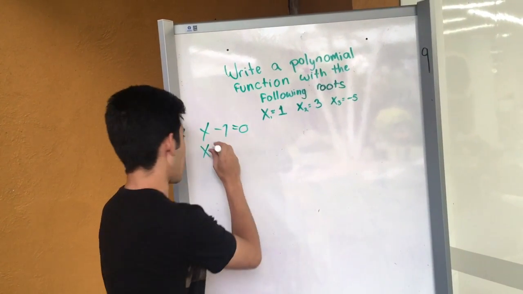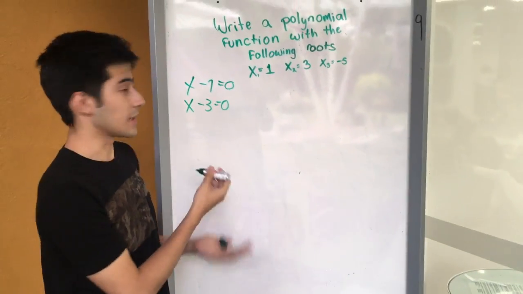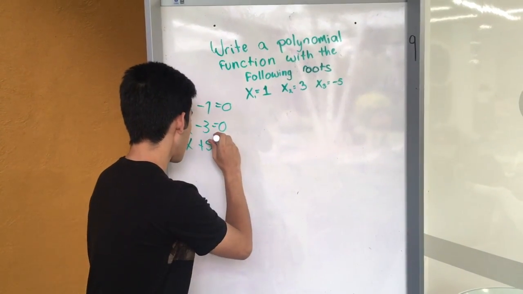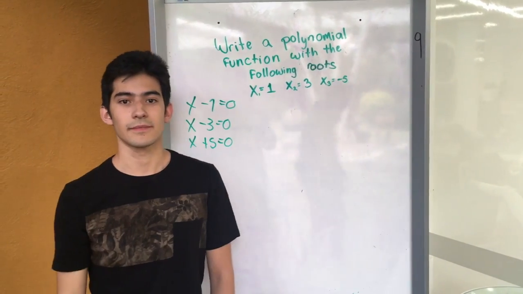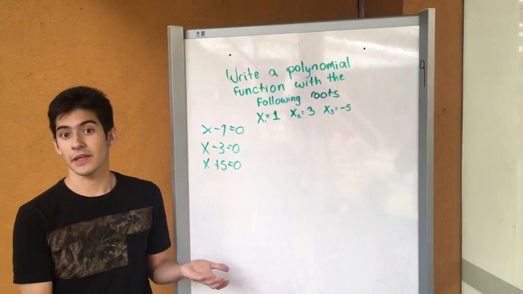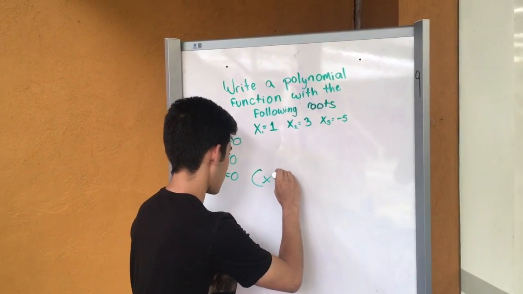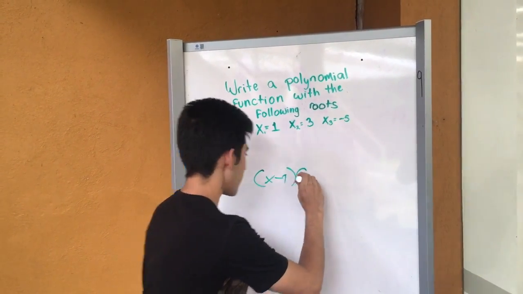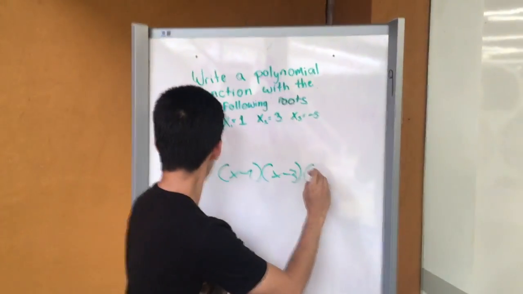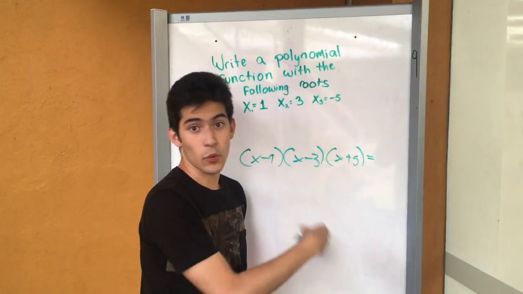This would be x minus 3 equals 0, and the last one would be x plus 5 equals 0. Now that we have them equalized to 0, we have to multiply them this way. And again, we equalize them to 0.